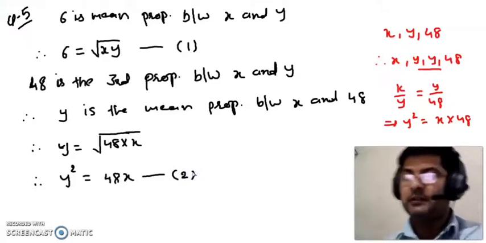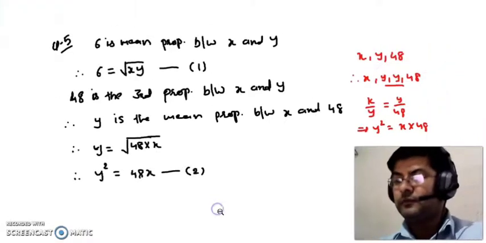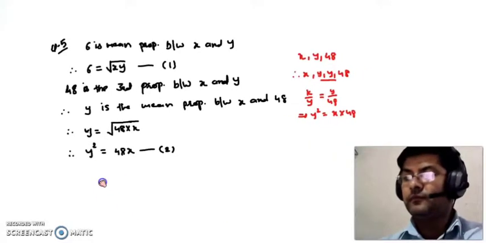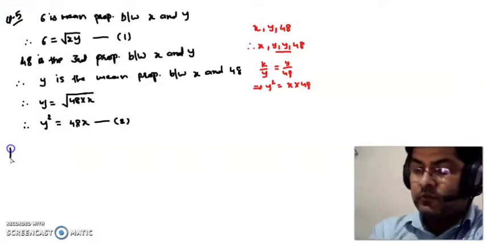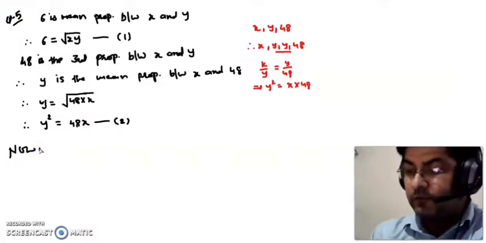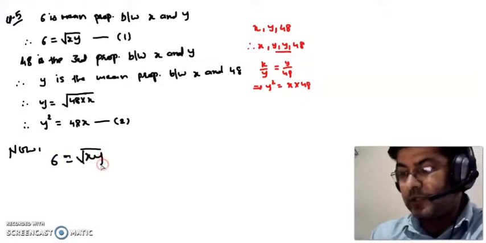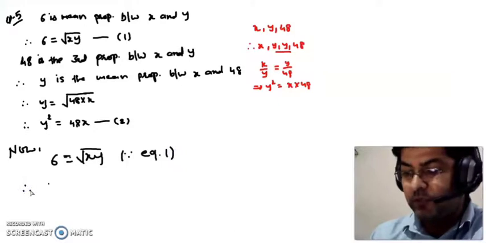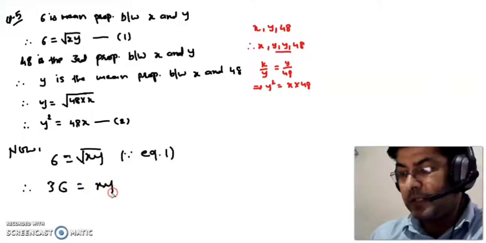Now I will consider equation 1. We have equation 1, 6 is equal to square root of xy. Since this is equation 1, if you square both the sides we will have 36 is equal to xy.